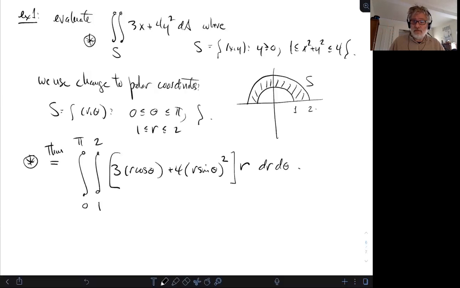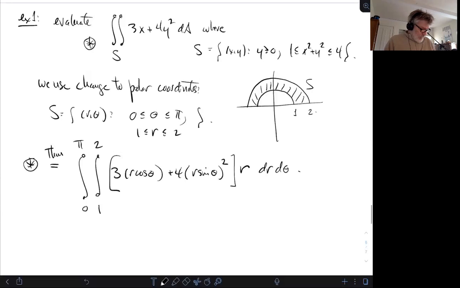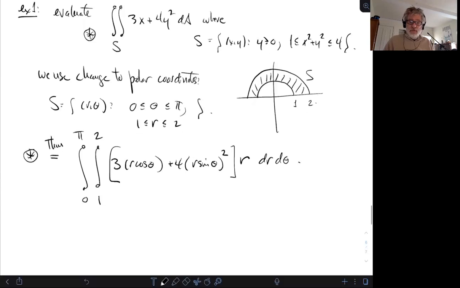But in many cases, the r is actually helpful in the integral. If it's not there, you might be staring at something that you can't integrate, because a lot of these problems are rigged for you to be able to do them. Okay. So I need to compute now this integral in r and theta. Let's do that, because we'll review a couple of little things that you should know.